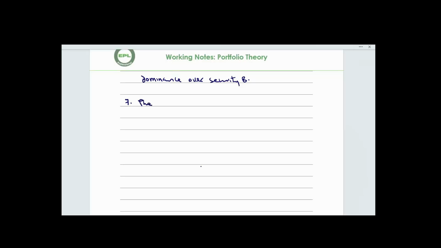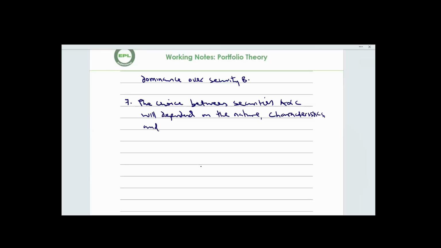The choice between securities A and C will depend on the nature, characteristics, and risk tolerance of individual investor.